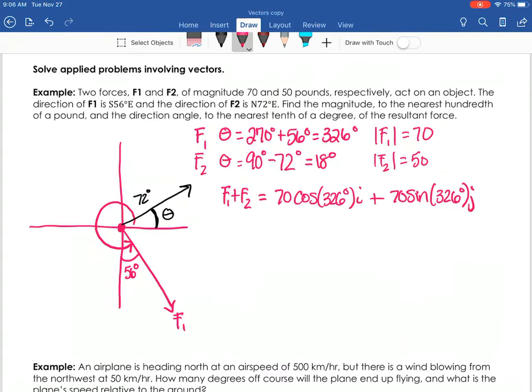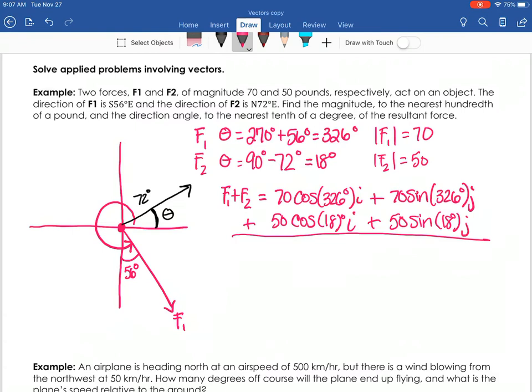That's my F1. Now I'm going to add that to my F2. The magnitude is 50, so I'm going to take 50 cosine of 18 degrees i, plus 50 sine of 18 degrees j. I'm going to add those two up. I add my i's and my j's.